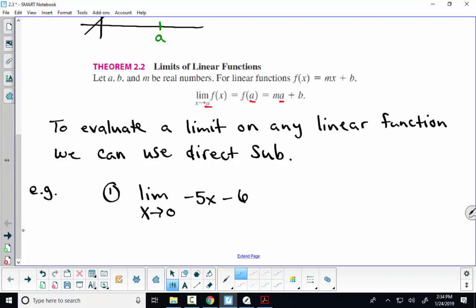So when we compute a limit on a particular function, if I recognize that as a linear, a polynomial, a rational function, then I already have an algebraic sense of what to do with that function if something needs to be done. But all this equates to is just plugging in what we're approaching for x. So we evaluate that by direct substitution.